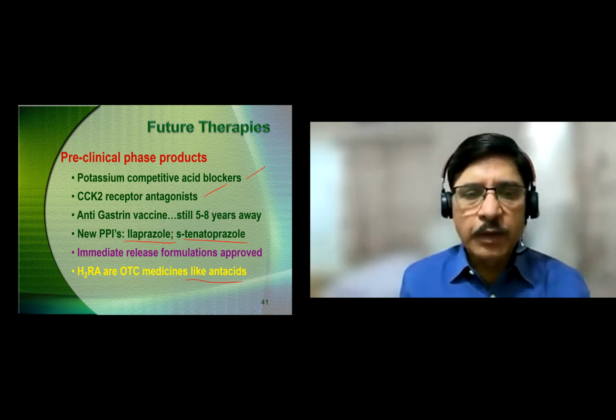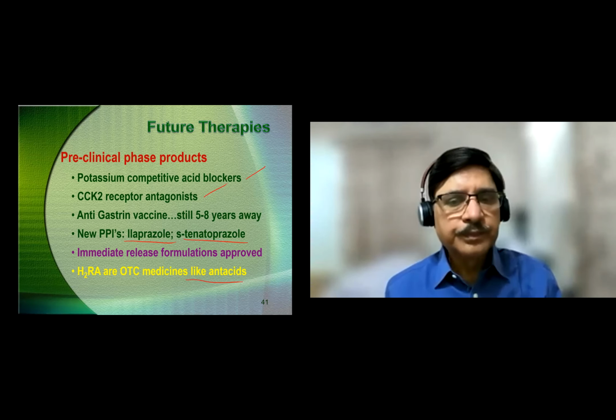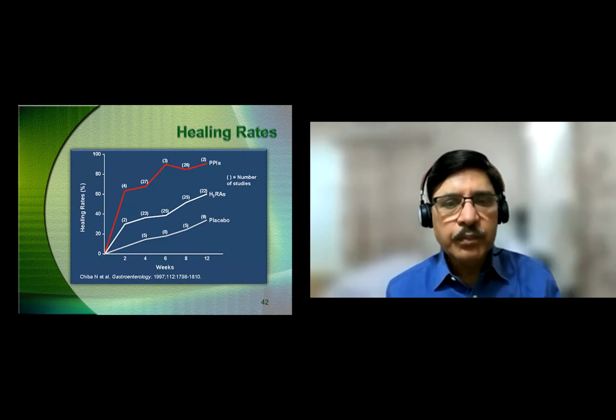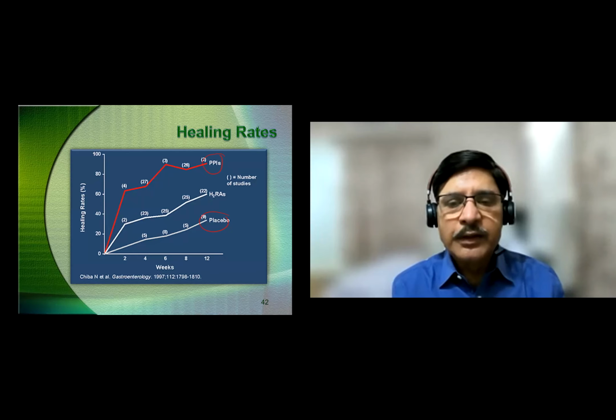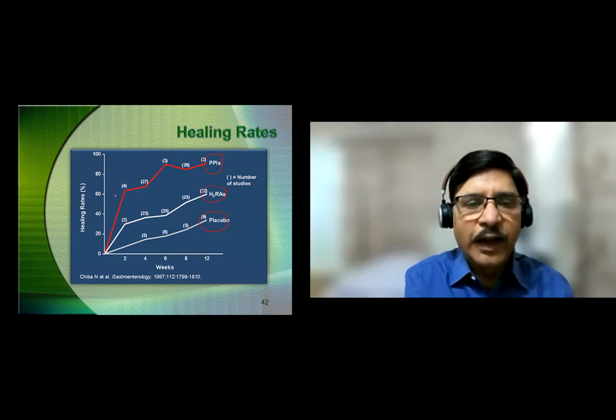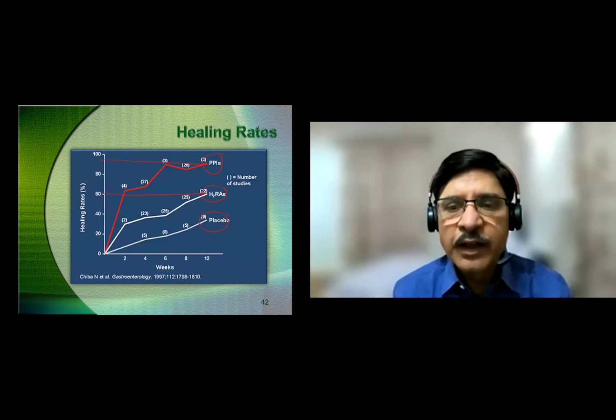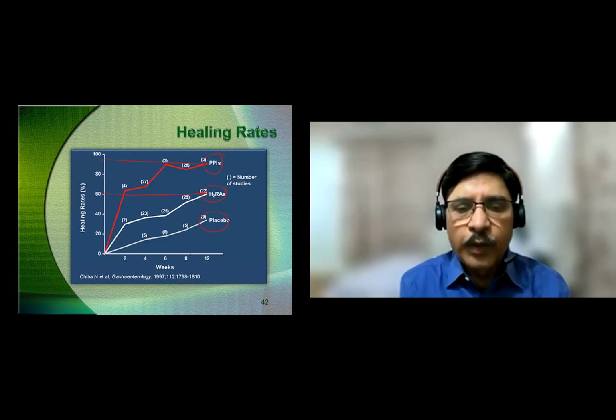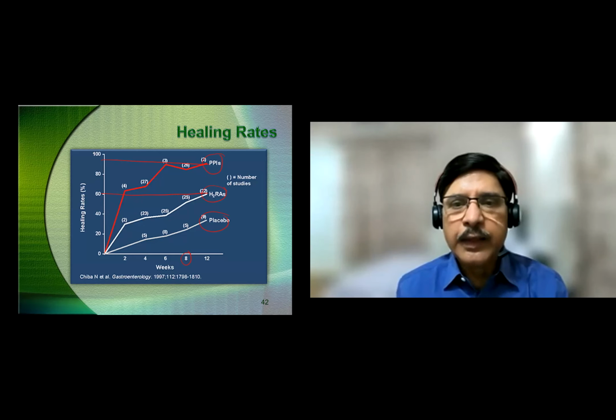Now, if you use PPI, this is the healing rate. If you don't use any, this is the healing rate. If you use ranitidine, the healing rate is around 60%. Use PPI, 95%, the healing rate in around 8 weeks, 8 to 12 weeks. So PPIs are a better option for healing rates of ulcers.